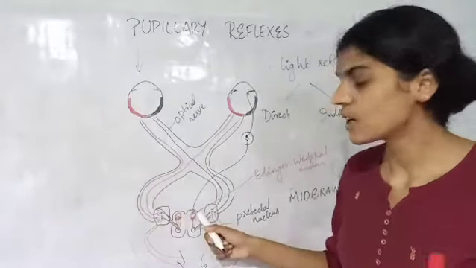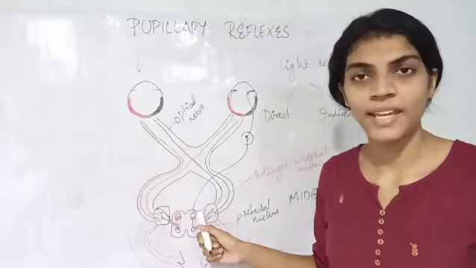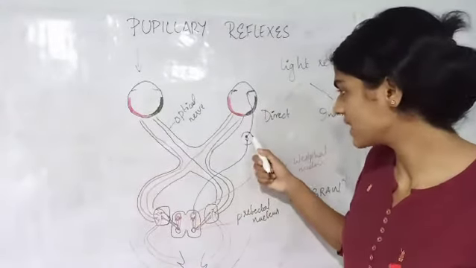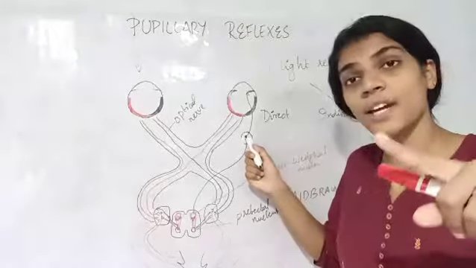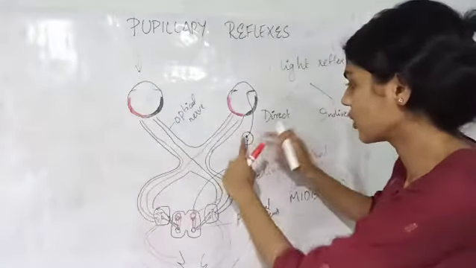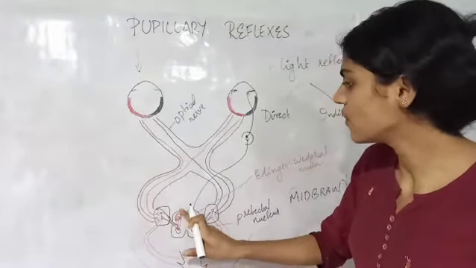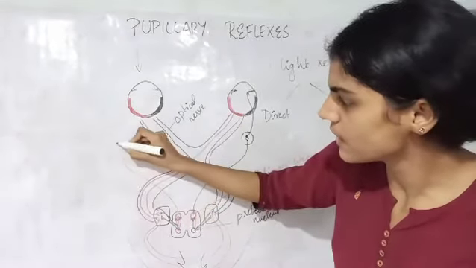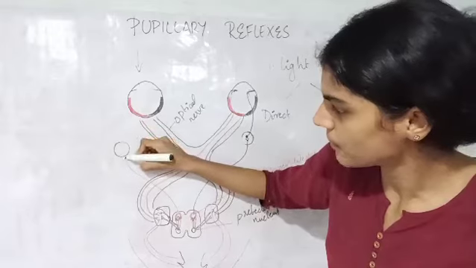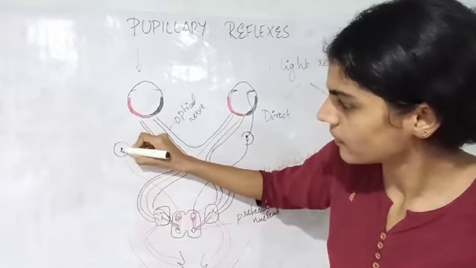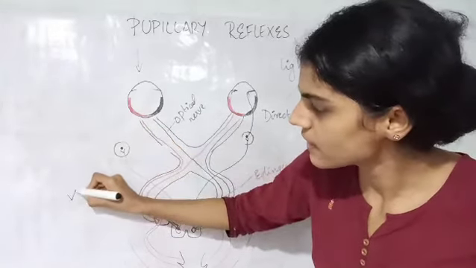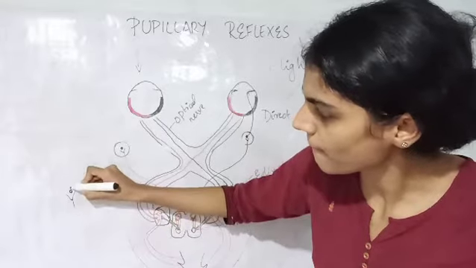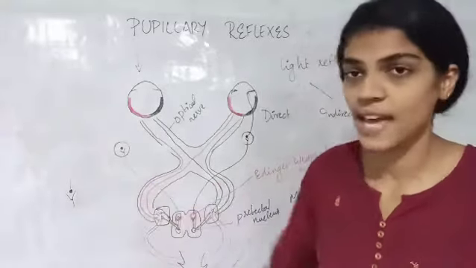Please listen. From the Edinger-Westphal nucleus, the preganglionic nerve fibers emerge and synapse with the postganglionic nerve fibers in the ciliary ganglion. The nerve fibers arising from both sides synapse at the ciliary ganglion. This is the sign of a synapse.